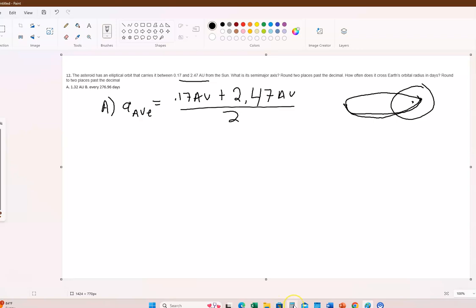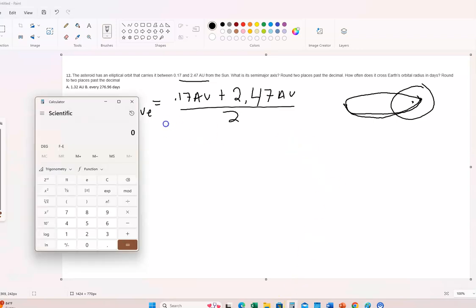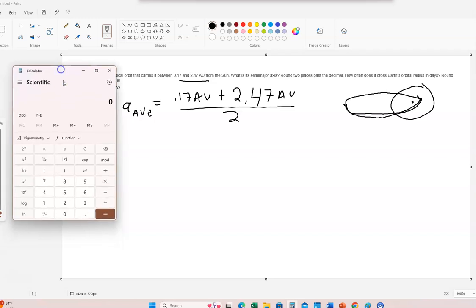All right, so here let's do the calculation. We just put these numbers in: 0.17 plus 2.47 equals, and then divide that by two.